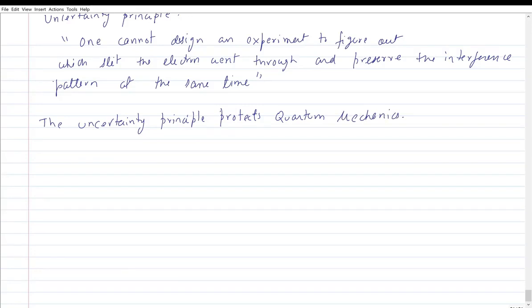If we were to find out which slit the electron takes and still preserve the interference pattern, our original argument will collapse.